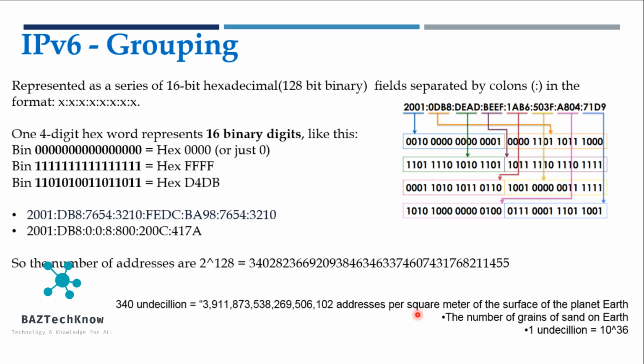Even, I heard somewhere, that if we know the area of the world and divide this number by the area of the world, every square foot gets 6,000 IPs. So it's very hard to exhaust, it's a very large number.